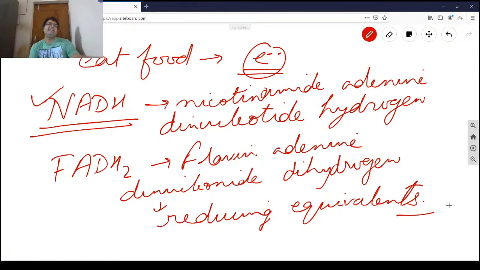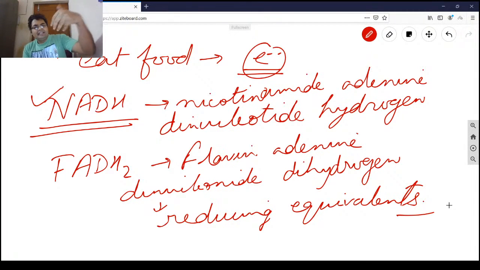Another 3 NADH are produced in the Krebs cycle, from isocitrate to alpha ketoglutarate, and then from alpha ketoglutarate to succinyl CoA, where again you produce NADH.